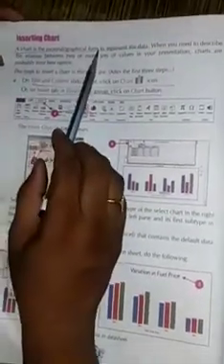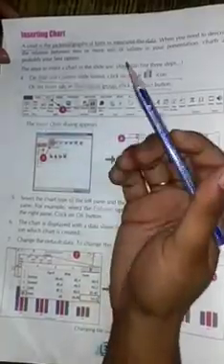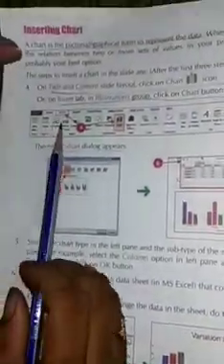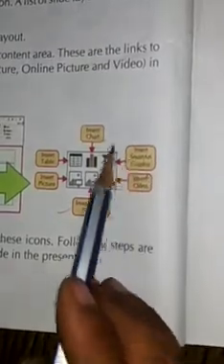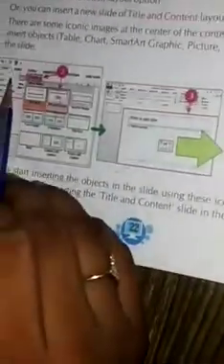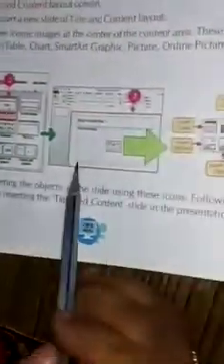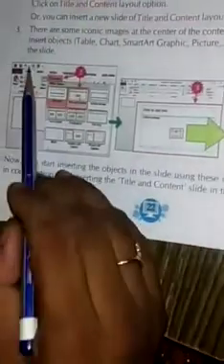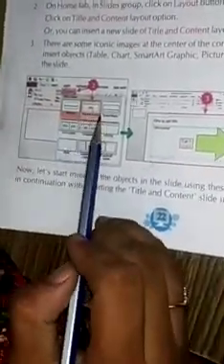First of all, chart. What is chart? Chart is a graphical or pictorial representation of any data. See, to add the chart, click on the same home, layout and title and content.